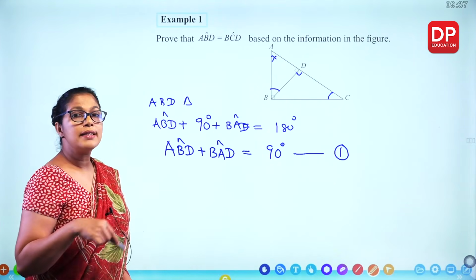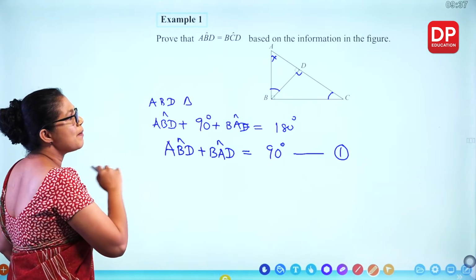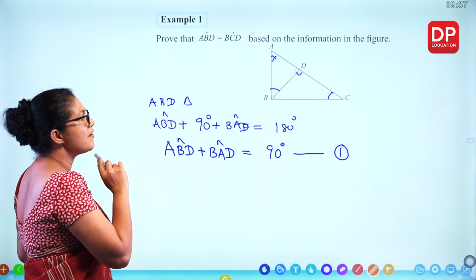And now look at the big triangle, ABC triangle. What can we write down?